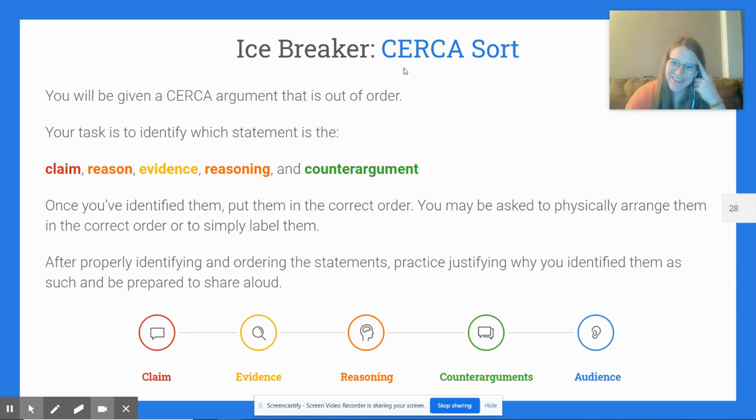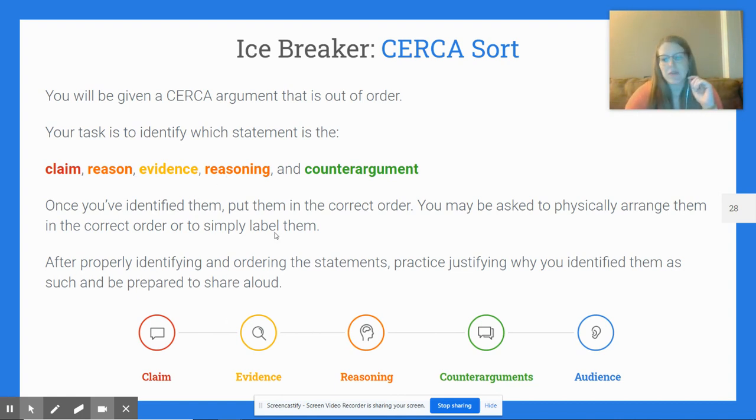You need an extra R in there. If it makes you feel better, they could have even done CERRCA, like claim, evidence, reason, reasoning. You'll see how they break that down, but little hiccup, I guess.